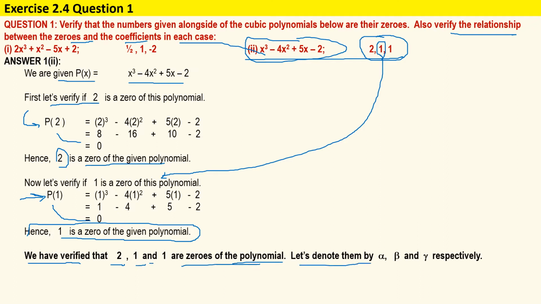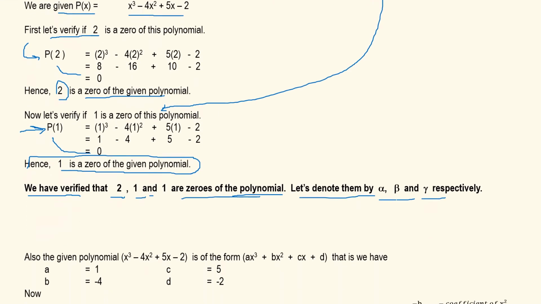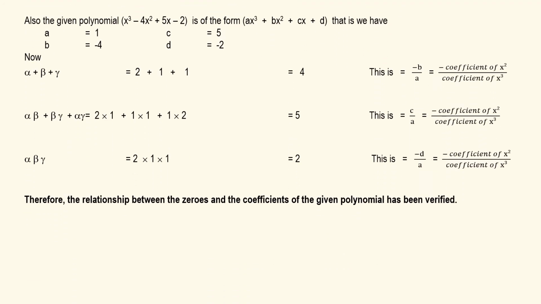And now let's denote them by alpha, beta and gamma respectively. Also, we notice that the given polynomial is of the form ax cubed plus bx squared plus cx plus d, and in this given polynomial a is equal to 1, b is equal to minus 4, c is equal to 5 and d is equal to minus 2.